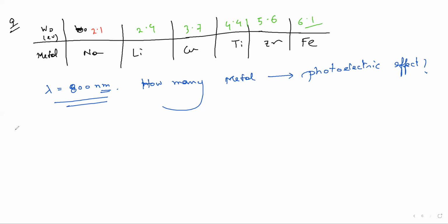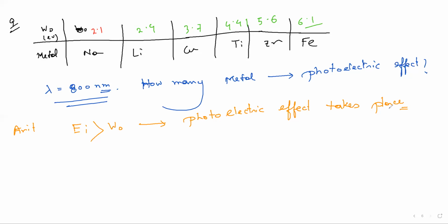You all know that only when E_i is greater than W naught does the photoelectric effect take place. Otherwise, the photoelectric effect will not take place.